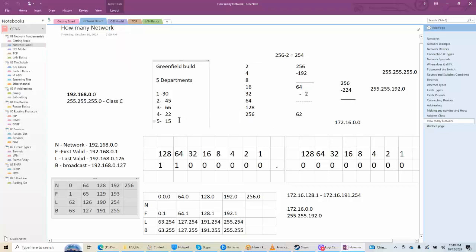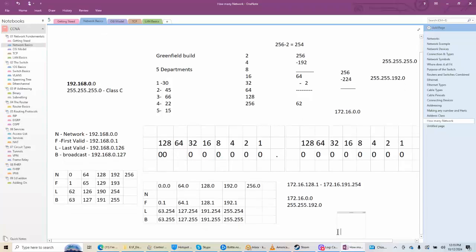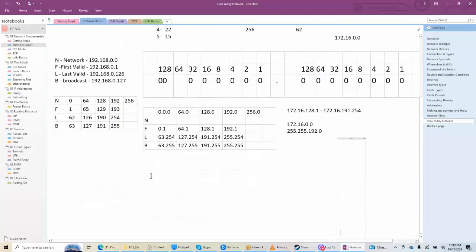Okay, so we're going to learn how to use our borrowed bits, because remember, let's say a class C network. It's going to have a subnet mask of, let's get farther down here on the screen.